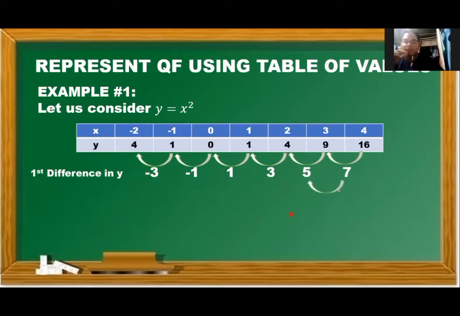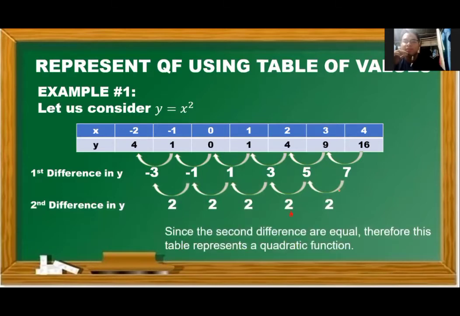But if we get the difference in y a second time, we get the same answer. Since the second differences are equal, therefore this table represents a quadratic function.